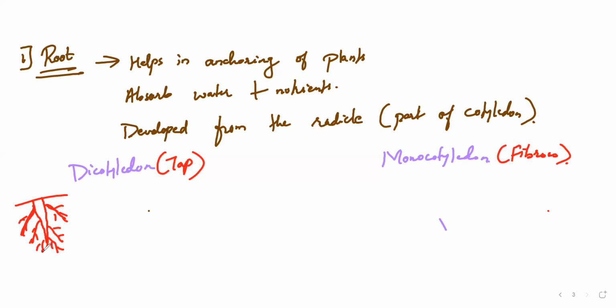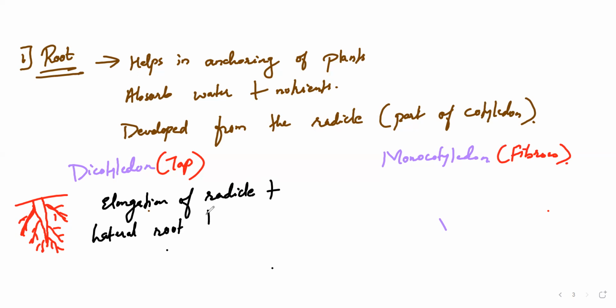So taproot is nothing but the elongation of radicle with the lateral root, which is going to form what? Primary, secondary, and tertiary roots. So primary, secondary, and tertiary roots means 1, 2, and 3. Okay, so these are what called as the taproot system, which is generally found in mustard and gram.